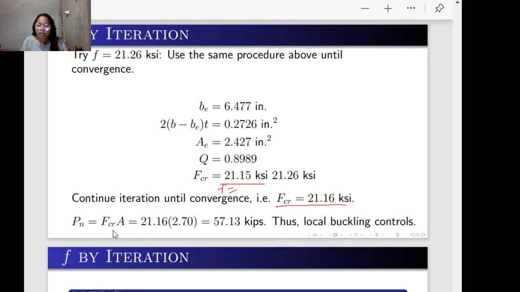Then solve for the nominal strength, equal to FCR times the gross area, 57.13 kilopounds.